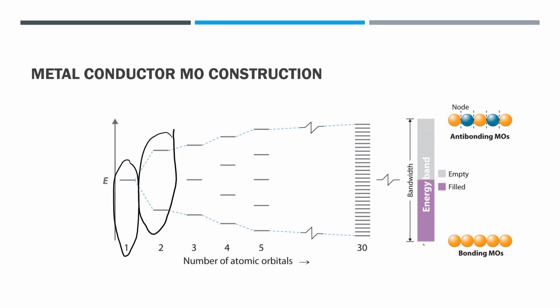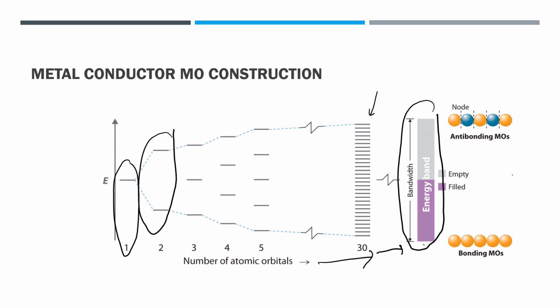And this diagram shows, okay, now what if we have 30 atomic orbitals, right? You can see that the energy levels are getting more and more scrunched together. So as the number of atomic orbitals increases, these molecular orbitals become closer and closer in energy, and eventually, as I get more and more, it's going to look like an energy band.